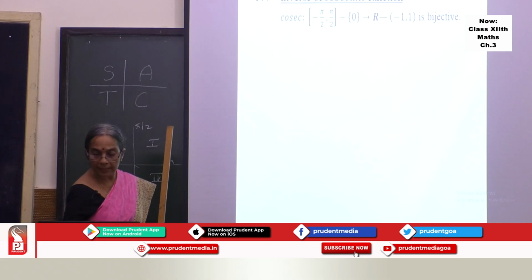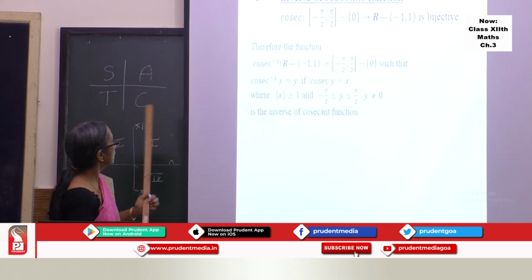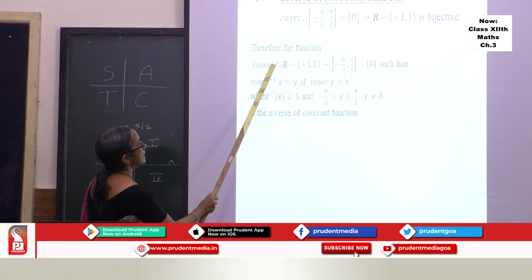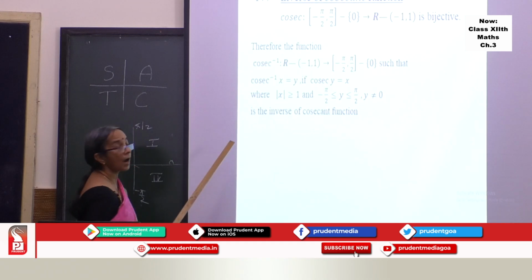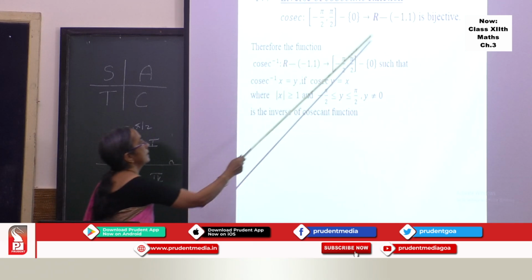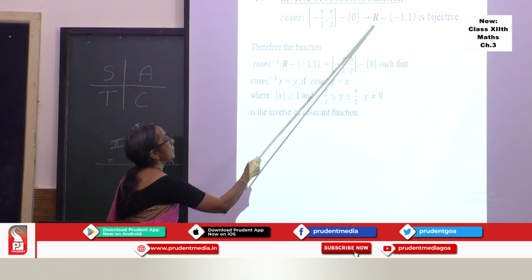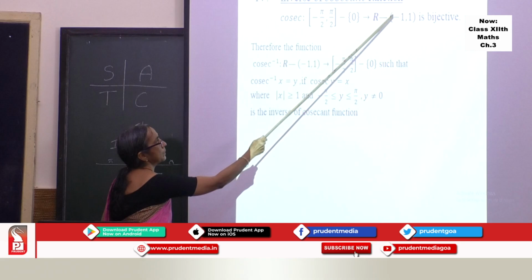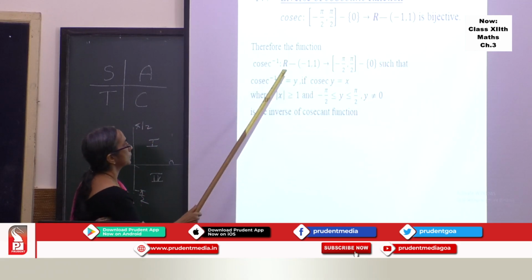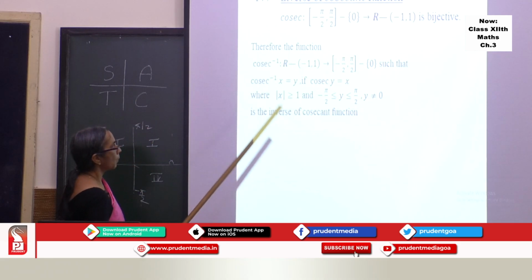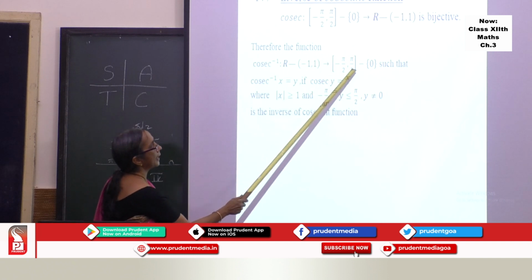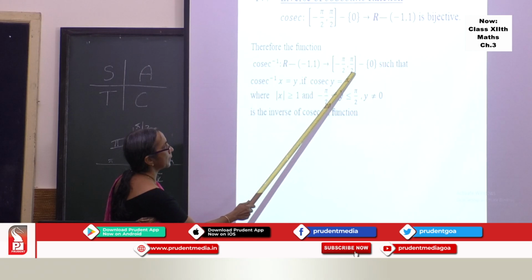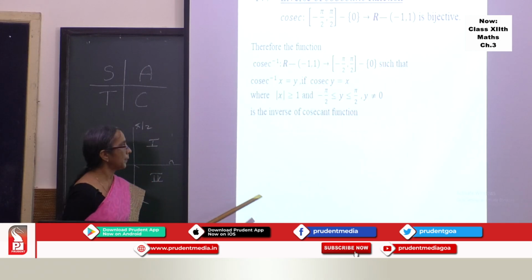Now let us see what the inverse is. Therefore, the function cosec inverse is a function from R minus this. This was the codomain, and the domain here; so they become range and domain, because it is a bijective function. So the domain is R minus the open interval minus 1, 1, and the range is the closed interval minus pi by 2 to pi by 2 minus 0.